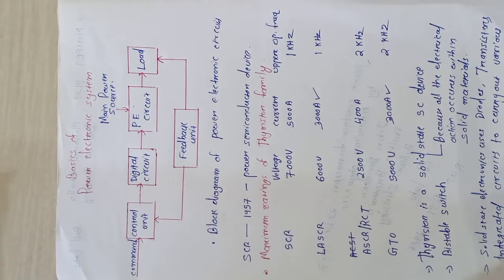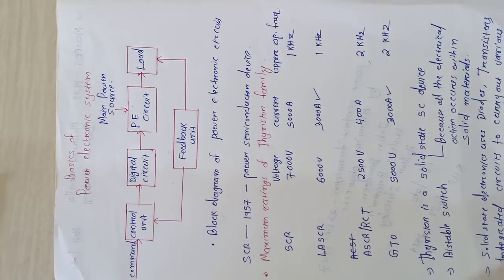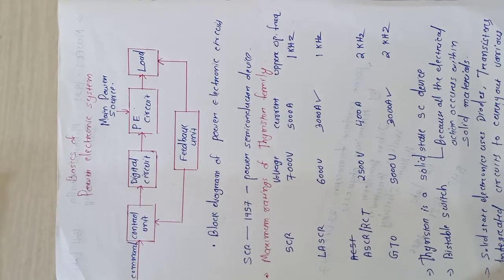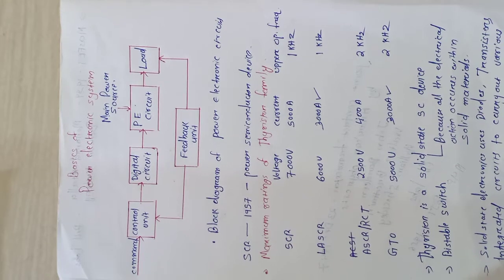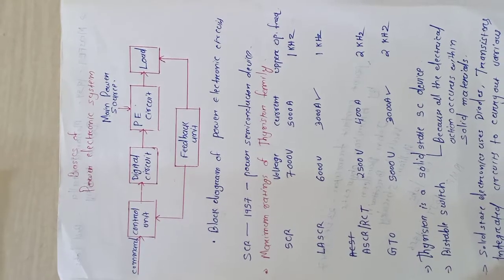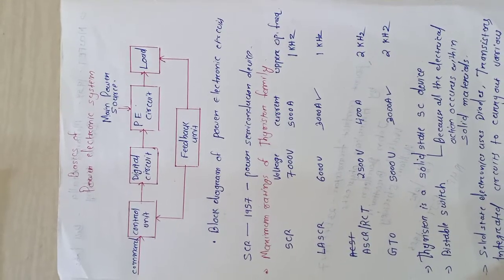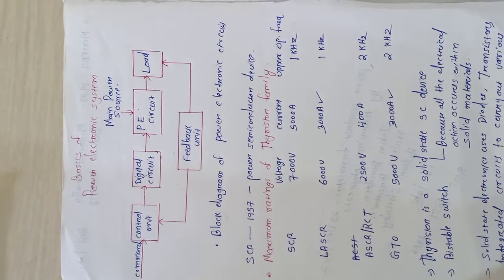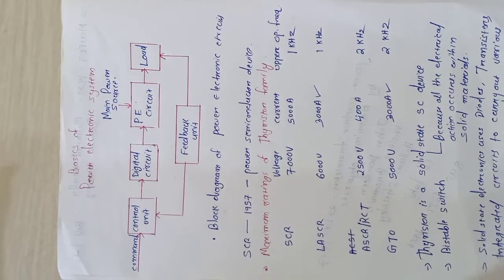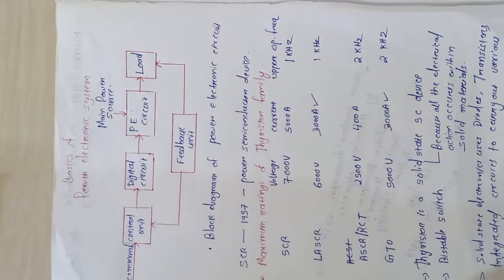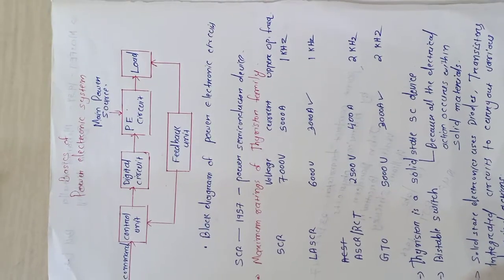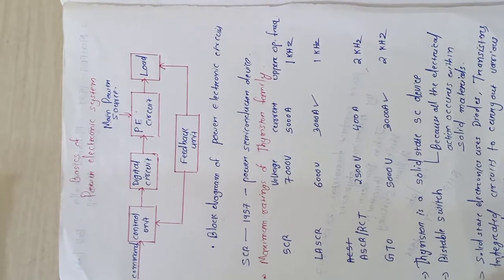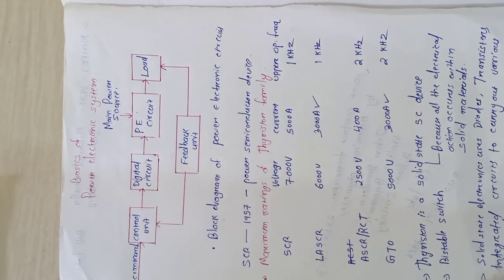For example, if the load is a DC motor, then the converter output must be adjustable direct voltage. So the output of a converter is an adjustable direct voltage in case the load is a DC motor. In case of a 3-phase induction motor, the converter may have an adjustable voltage and frequency at its output terminals.